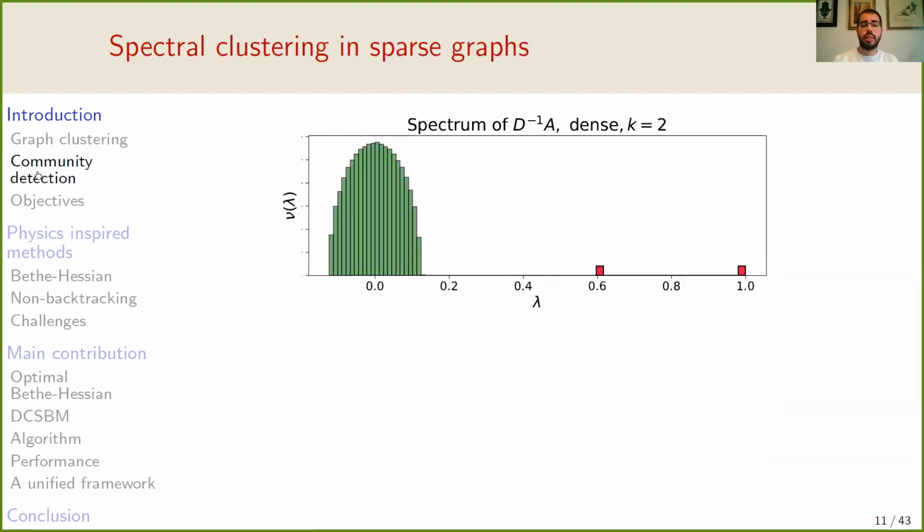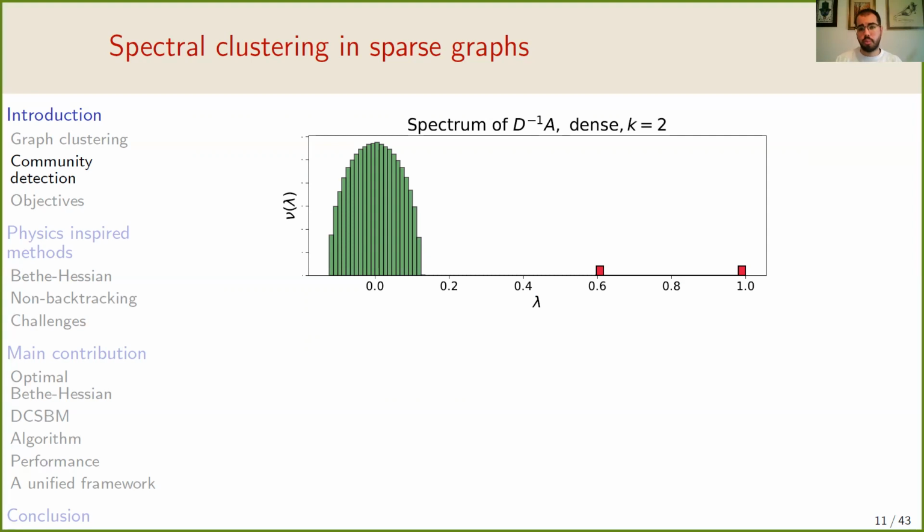Why is this a problem? We can visualize it easily by looking at the spectrum of the matrix M, which is in this case the random walk Laplacian matrix D^-1 A. This is for a dense graph, so unlike commonly observed real graphs, for k equal to 2 clusters. So we have two eigenvalues of this matrix, which are in red. We call them isolated because they are not degenerate, whereas all others are drawn in green, and they are almost degenerate.